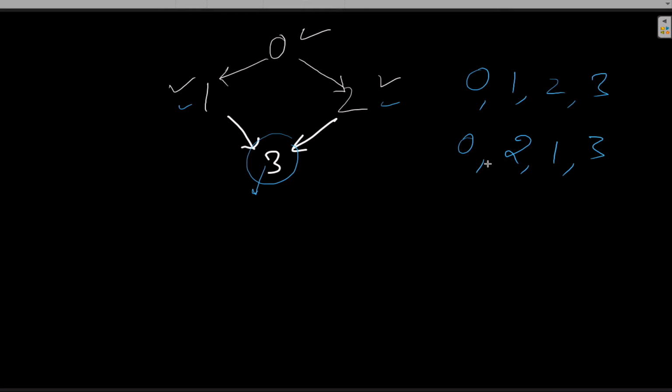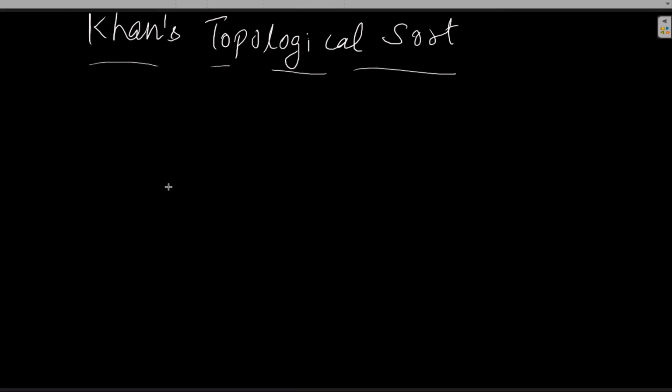So to solve this problem, the most efficient approach would be to use Kahn's topological sort. I will first tell you the algorithm, and then I will show how we are going to implement this in the given problem. So according to Kahn's topological sort, we make a graph of nodes.